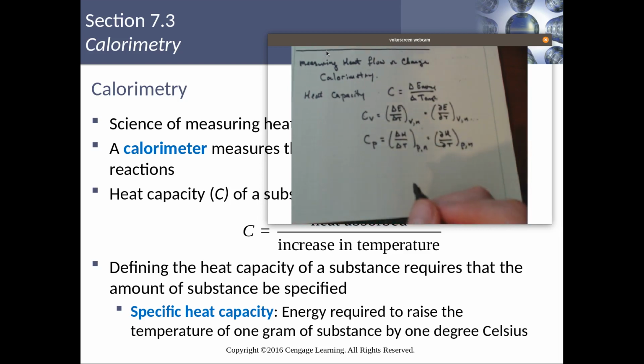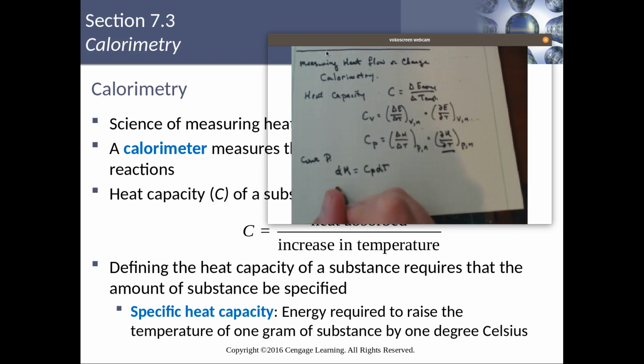So consequently, again, I can write dH at constant pressure is equal to Cp dT at constant pressure. That's from this equation.